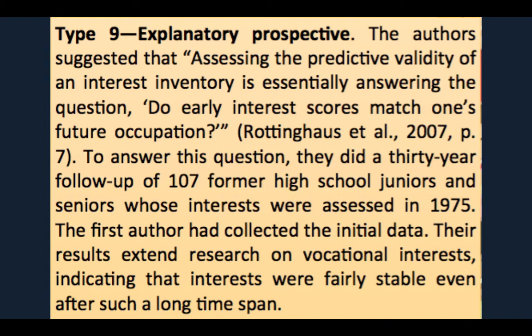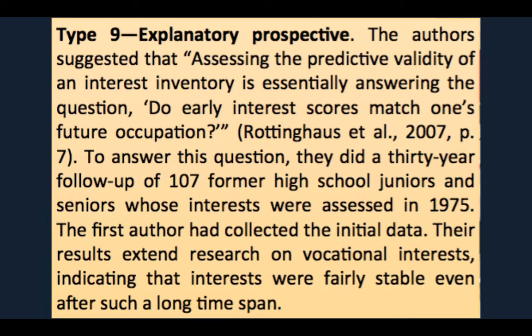To answer this question, they did a 30-year follow-up of 107 former high school juniors and seniors whose interests were assessed in 1975. The first author had collected the initial data. Their results extend research on vocational interests, indicating that interests were fairly stable even after such a long time span.